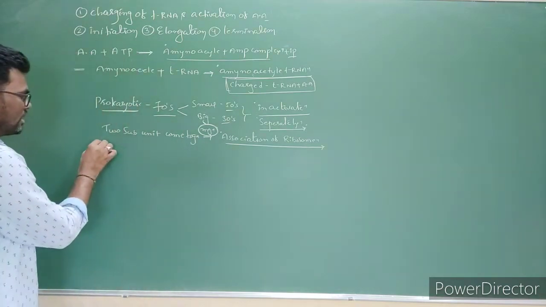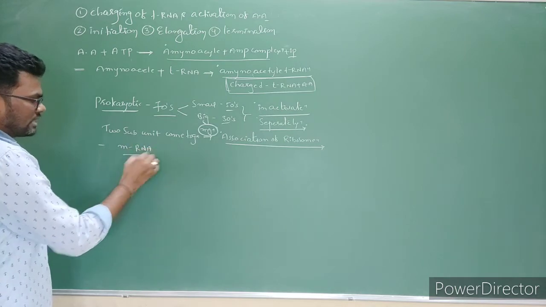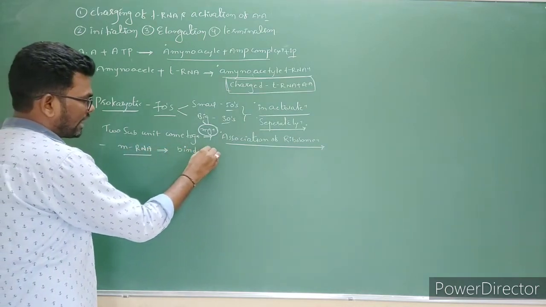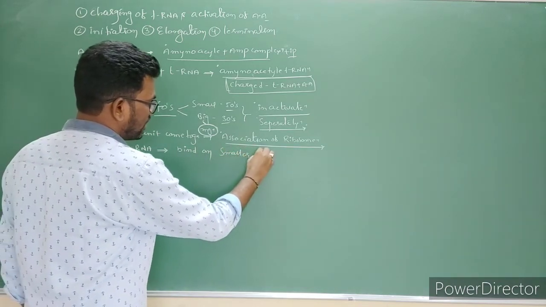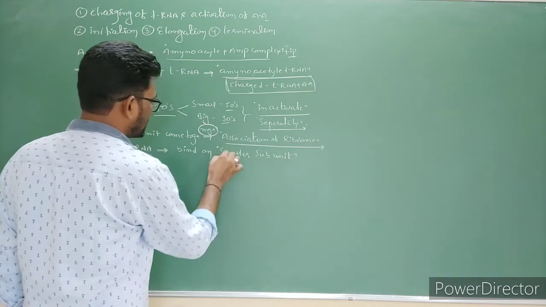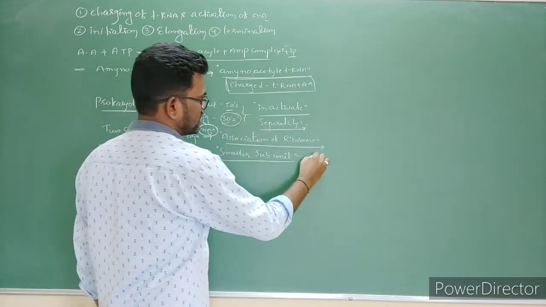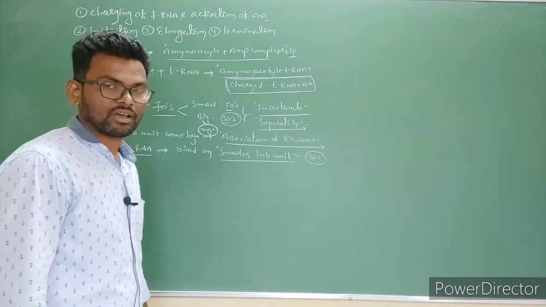In such a condition, the mRNA, which is already freely present in the cytoplasm, is going to bind on the smaller subunit of the ribosome. The smaller one is what? 30S. It is going to bind on the 30S ribosome, right?